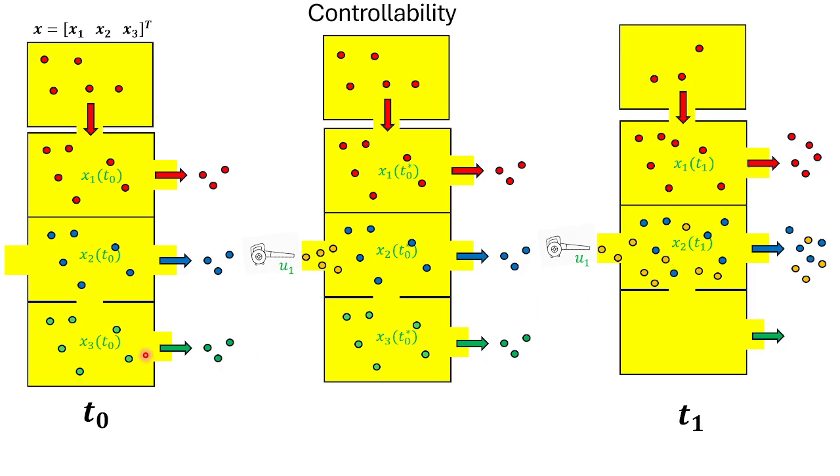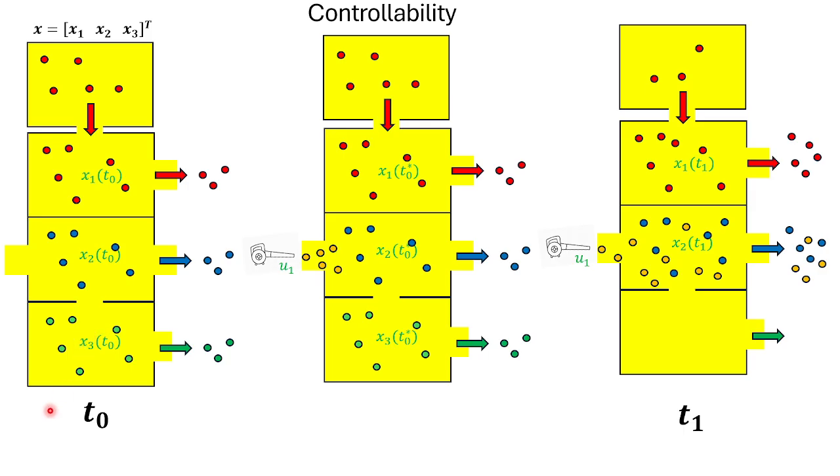Now the question is, what about this compartment x3? x3 started with few air particles, and it also has an entrance here. So now the question is, can we actually control this?